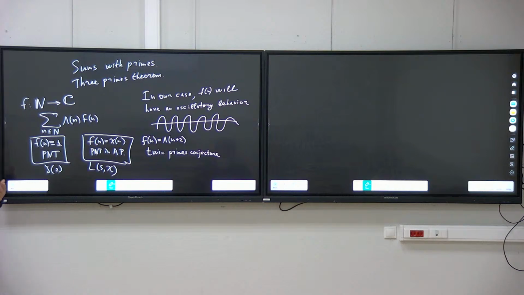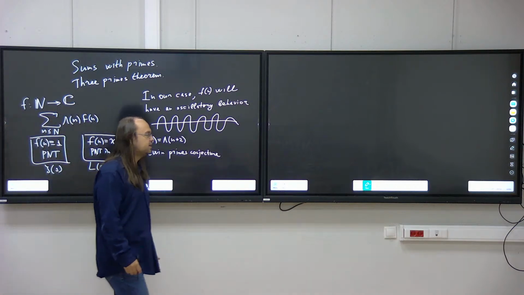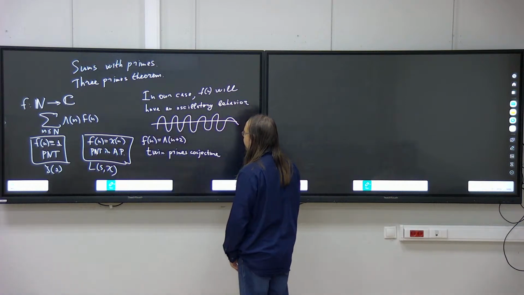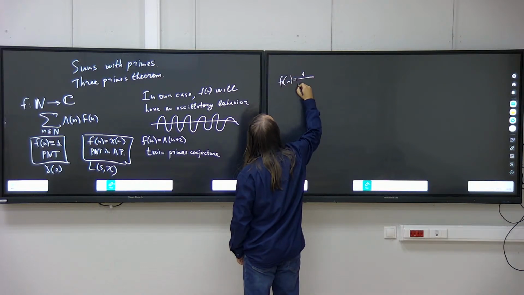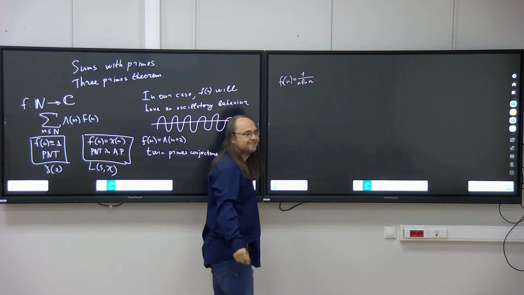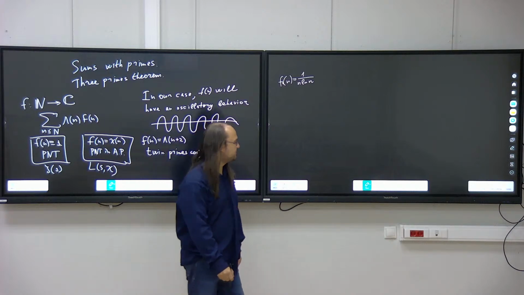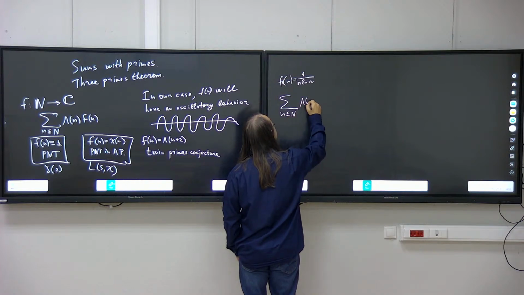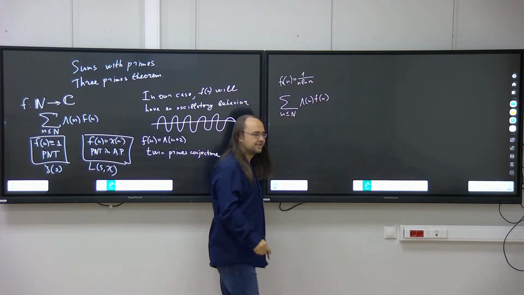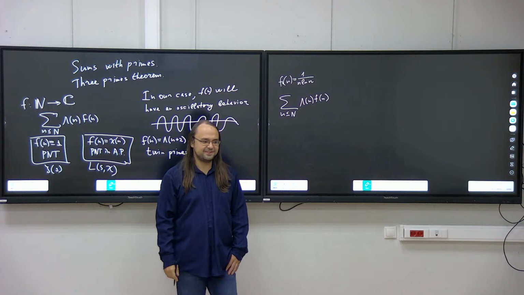Well, if our function does not oscillate that much, then basically the question about the behavior of the sum is the same as the question for f of n identically equal to 1, right? For example, if you take something like f of n is equal to 1 over n log n, then what can be said about the sum over all n of lambda of n f of n? Can someone please tell me?